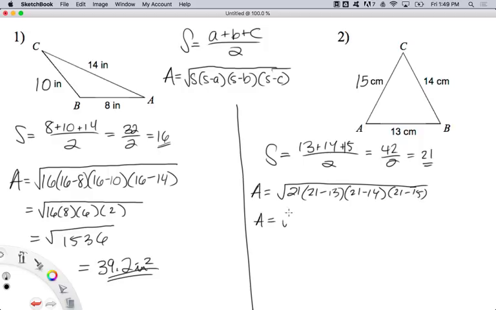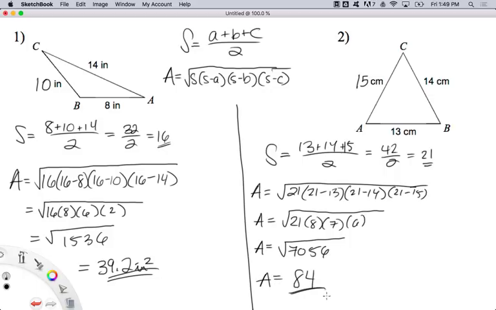Simplify that, I get the square root of 21 times 8 times 7 times 6, which equals the square root of 7056. Square root of 7056 is 84 on the dot. Pretty cool.